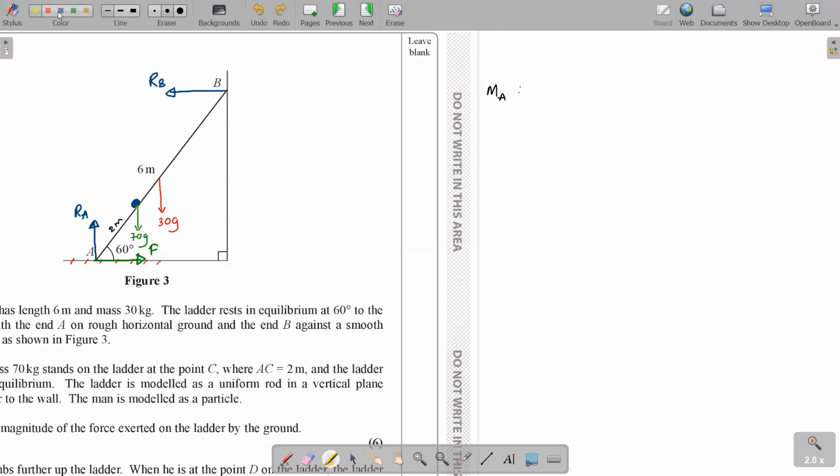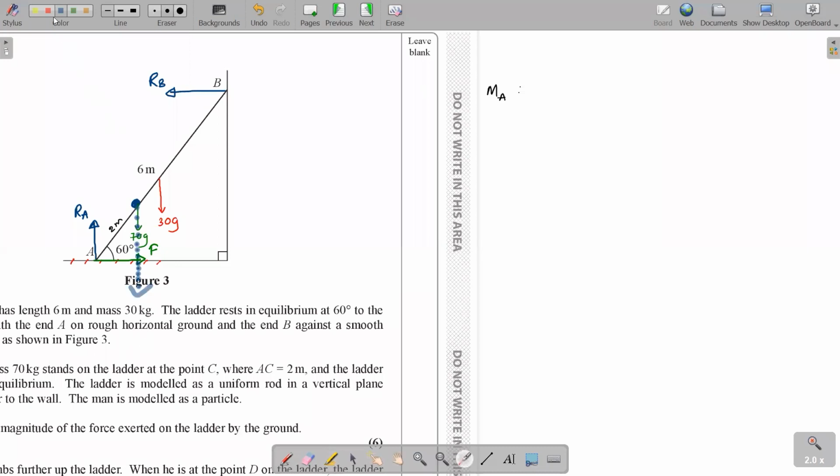It's anti-clockwise, right? Sorry, it's clockwise. 70G pulls it downwards. Do you see? It pulls downwards. So 70G is a clockwise moment.